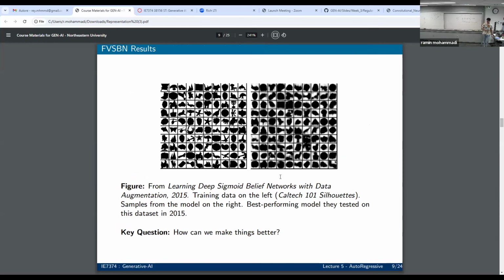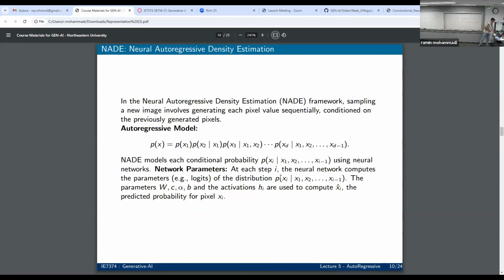Again, this was a really early type of generative model. Now, the question was how could we make this better? The idea was to use a neural network as part of the process, and that introduced NADE, neural autoregressive density estimation models.